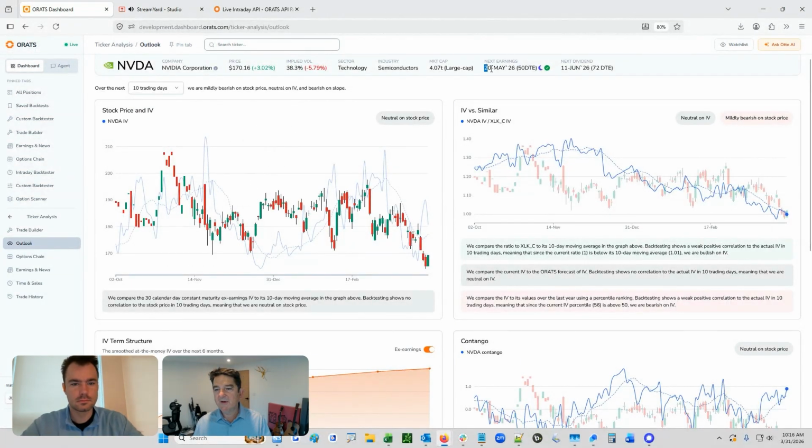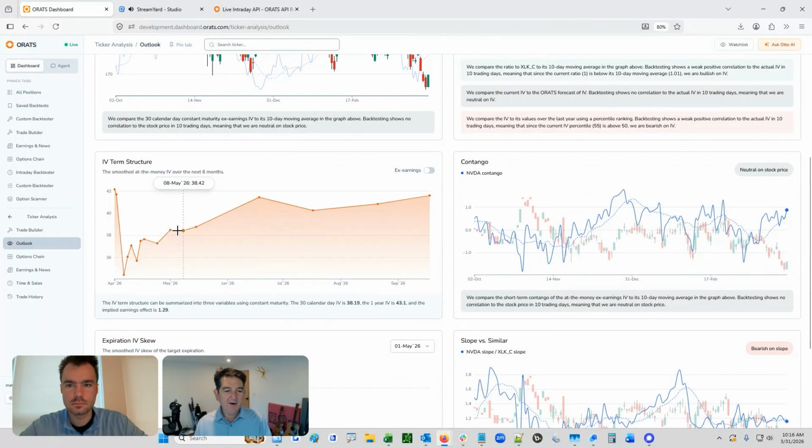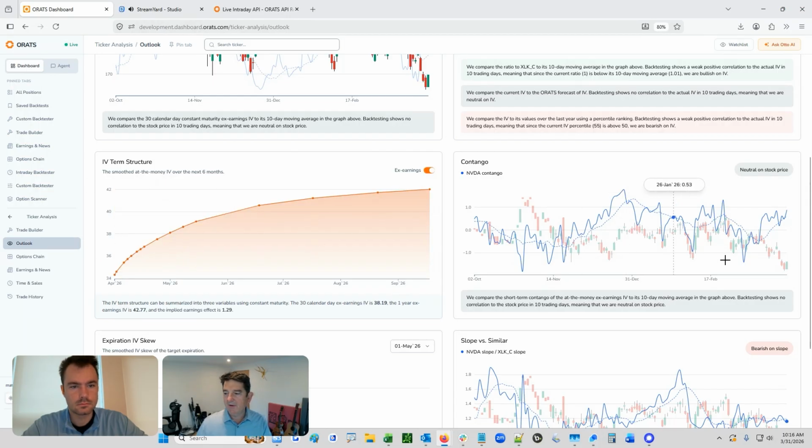NVIDIA's next earnings is in May. So if we didn't take that out, we have vols that look off that contango skew, and so it gets adjusted for, and then we can say what a good volatility looks like. So you can see the contango over here. It's coming back. Interestingly, contango is negatively correlated to the market.